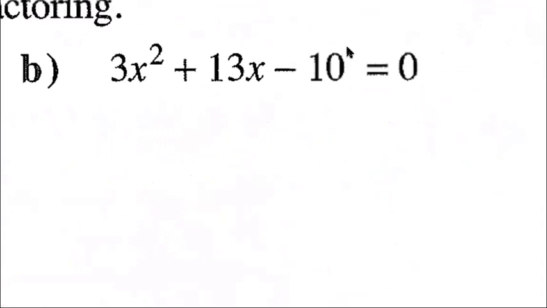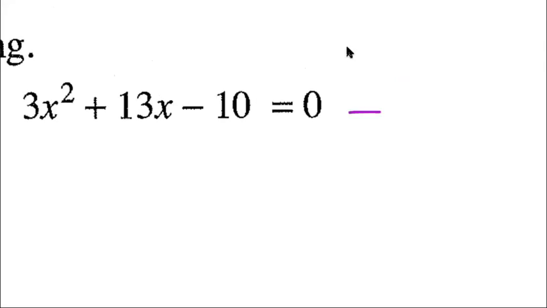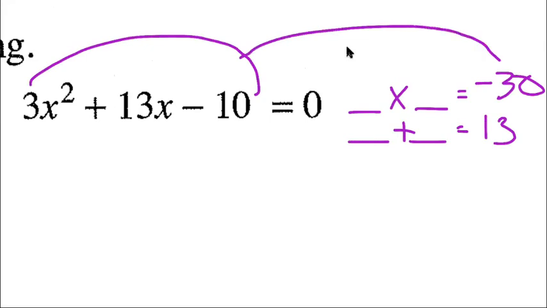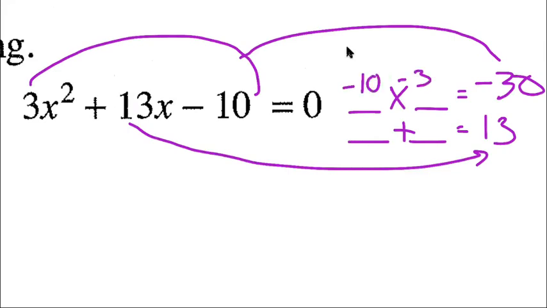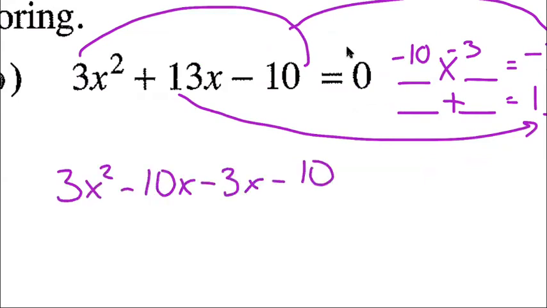Doing a similar process with 3x squared plus 13x minus 10, except this one, I'm looking for two numbers that multiply together to give -30, add together to give +13. Remember, this number comes from 3 times -10, and this one is this one. My numbers are -10 and -3. So now I'm going to decompose. 3x squared minus 10x minus 3x minus 10.